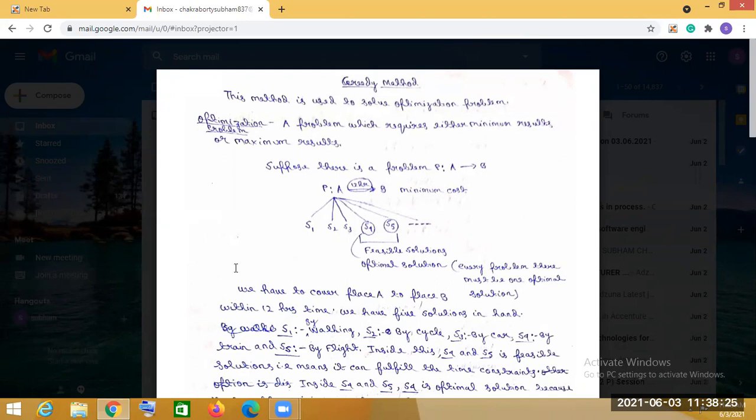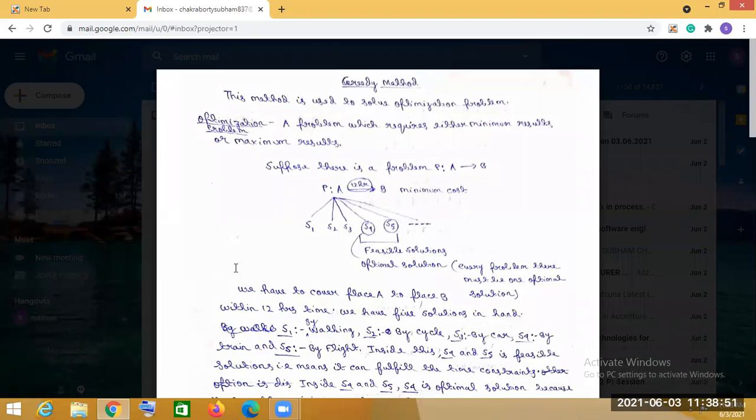Same as that, if we go by cycle, the time taken will be greater than 12 hours. If we travel by car, it will also take greater than 12 hours. Location A and location B are placed at such a distance. So that means we cannot take these ways.